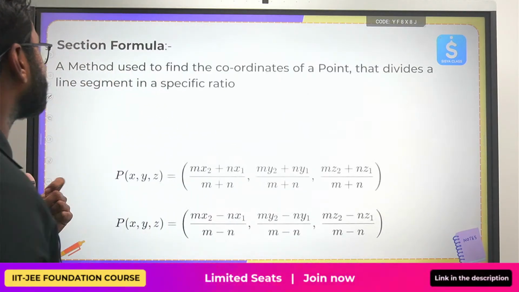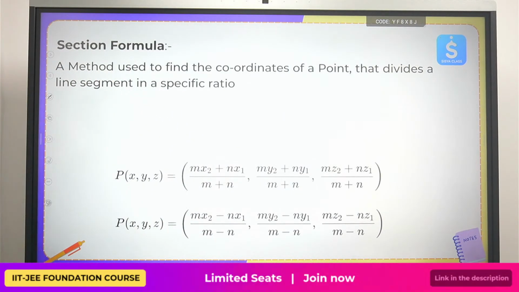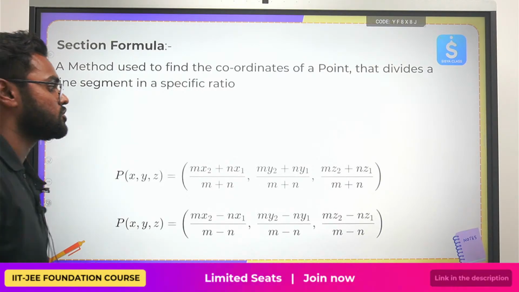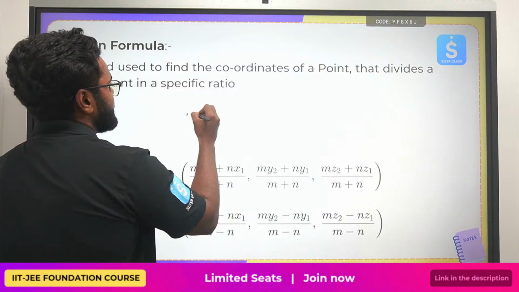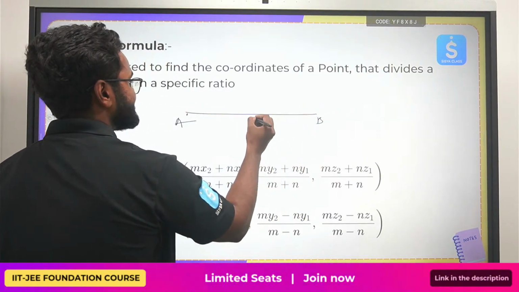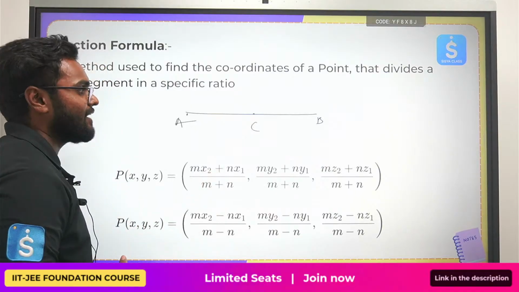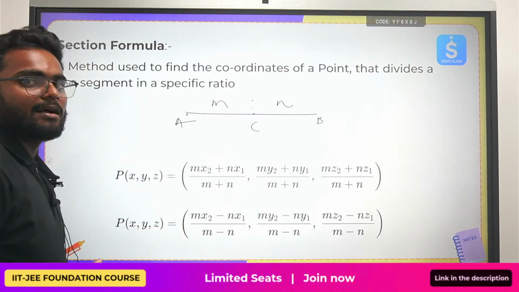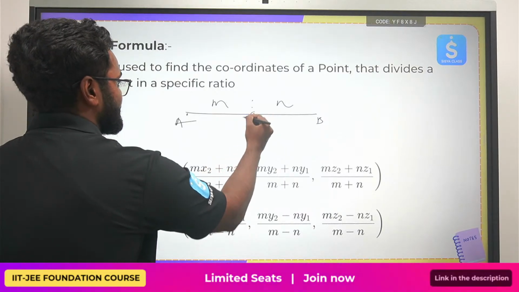Next, we have the section formula, a method used to find the coordinates of a point that divides a line segment in a specific ratio. Let us take a line segment AB. Let C be the point that divides the line segment in the ratio m is to n. The point is inside the line, right?